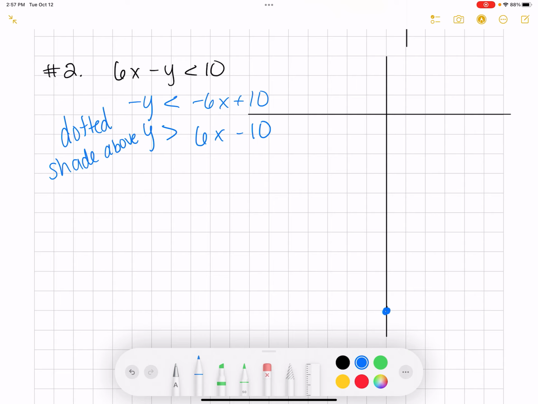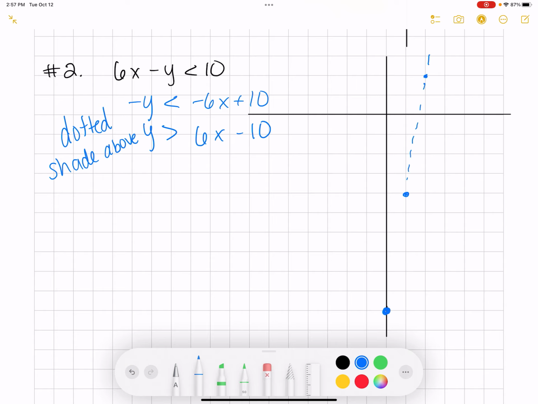All right, so y-intercept at negative 10, slope of 6, so up 6 over 1. And it's dotted.